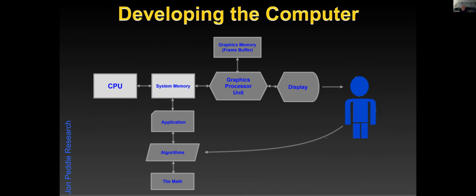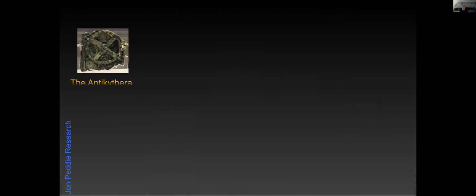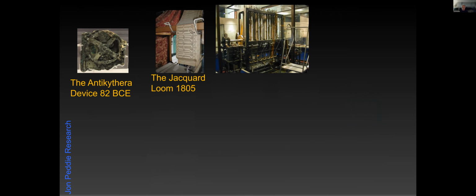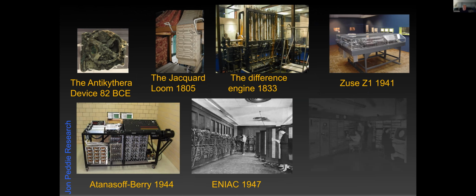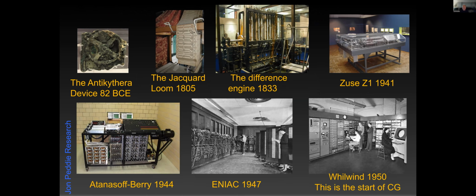And that got us to CPUs and system memory. Now, these are old computers, really old computers. See that one there goes 82 BC? It's not fully understood what that thing did, but it's been cleaned up even more than this picture that you see here.